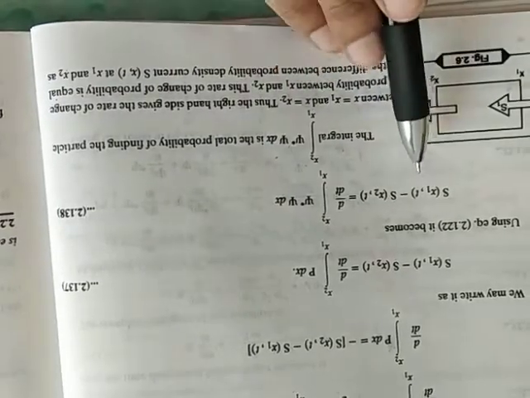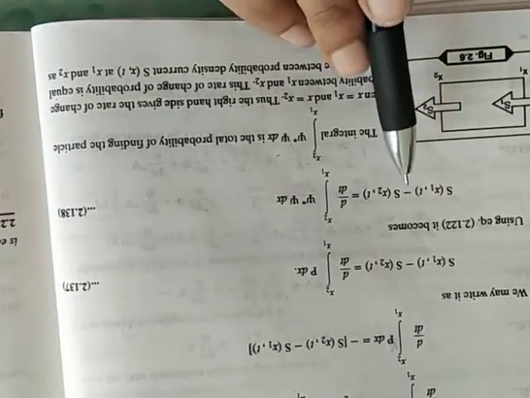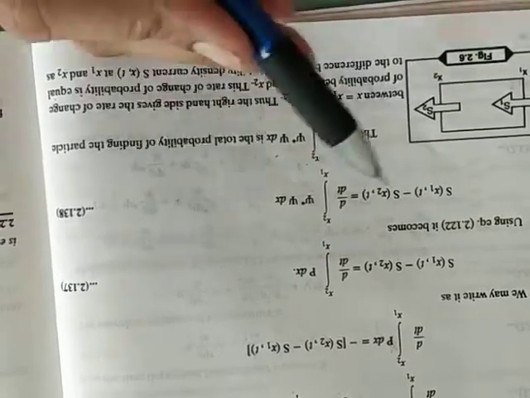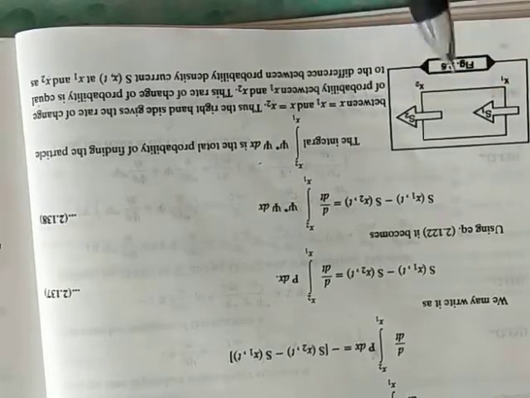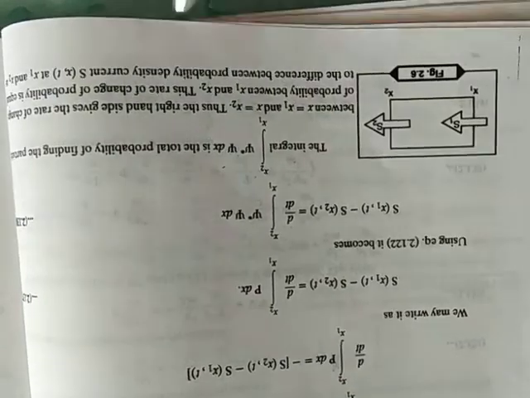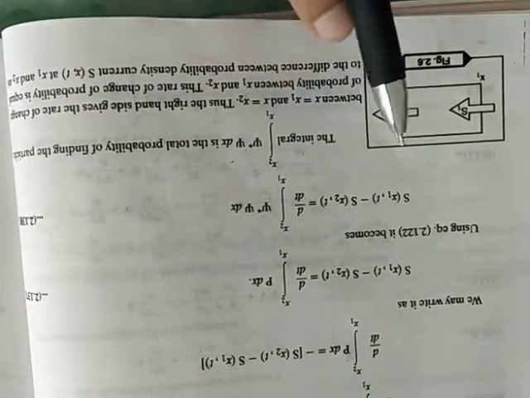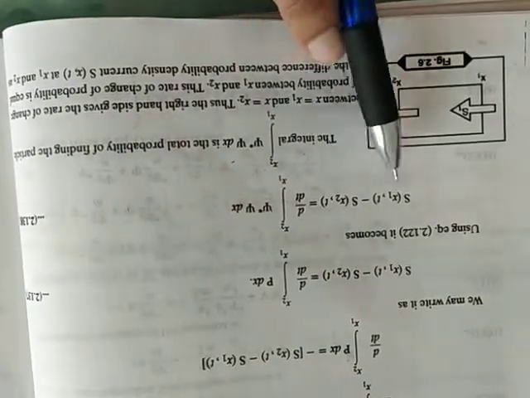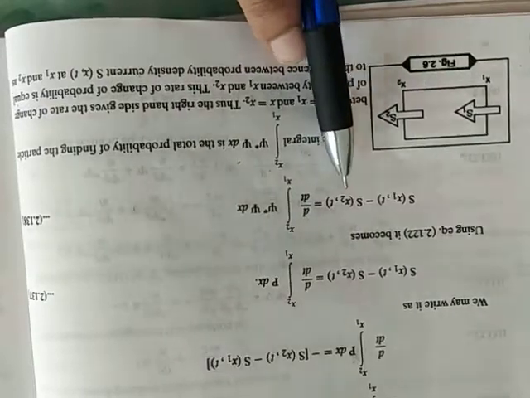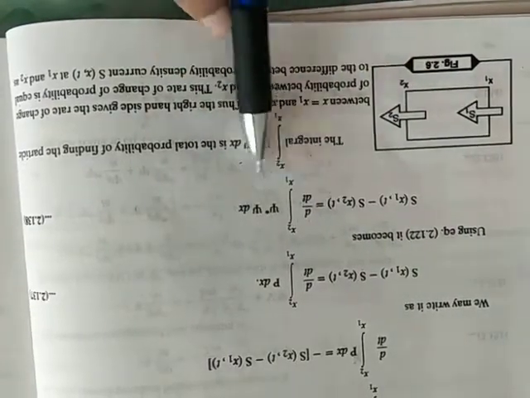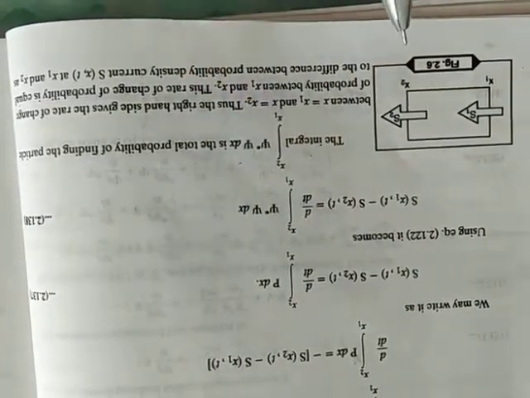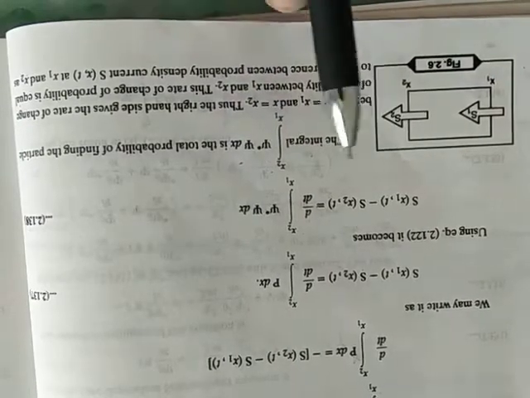It means S(x1,t) measures the rate of flow of probability into the region between x1 and x2. S1 is entering here and S2 is entering here. This is basically a conservation law: the change in probability in a region is equal to the net probability current into that region. So here you have a conservation law of probability.